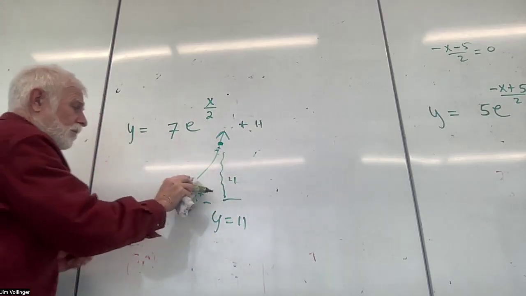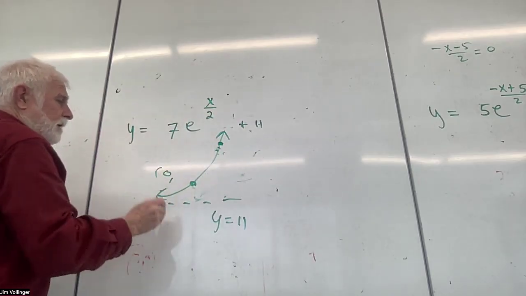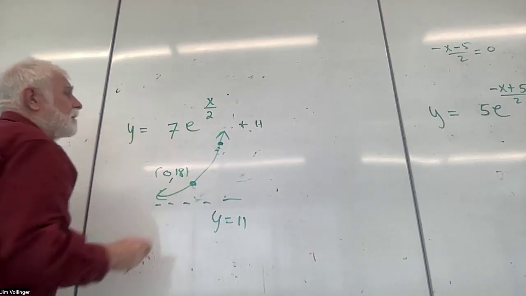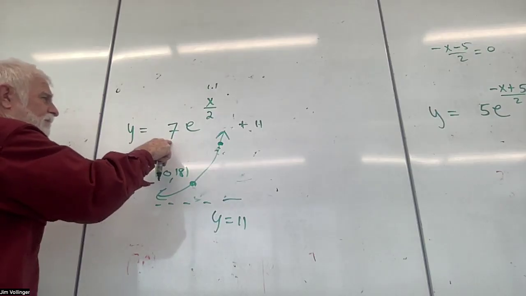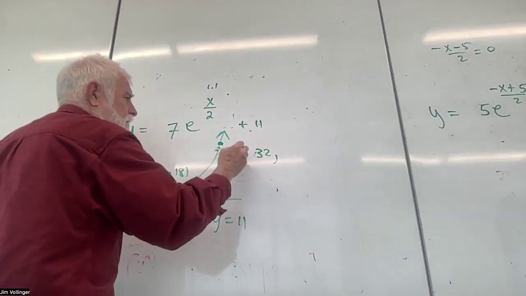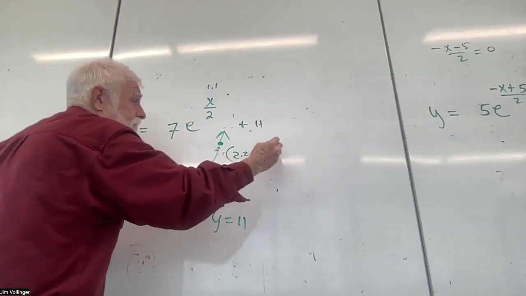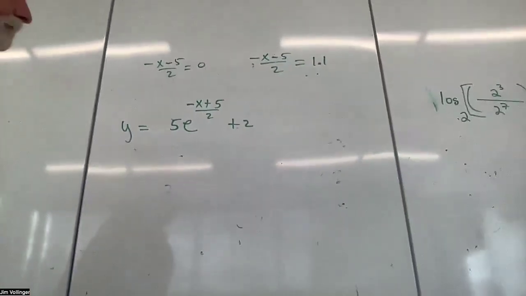Not going to show those, of course. But what makes a 0? 0 gets me e to the 0 is 1. 7 plus 11 is 18. And then I want to make this 1.1 because that's going to triple the 7. 21 plus 11 is 32. And what makes 1.1? 2.2. And I'm done.